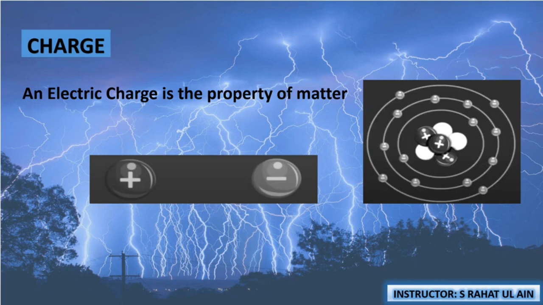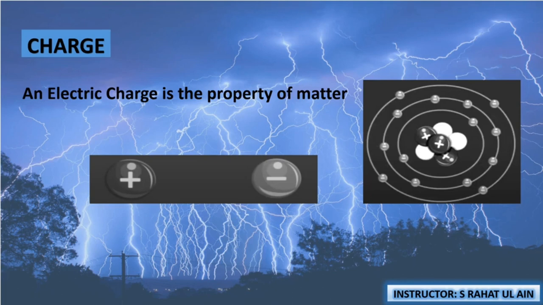Everything is made up of atoms, and within atoms, we have these charged particles. We have electrons revolving around the nucleus. We have the nucleus in the center, and it is made up of charged particles and uncharged particles. The uncharged particles are called neutrons, and the positively charged particles are called protons.